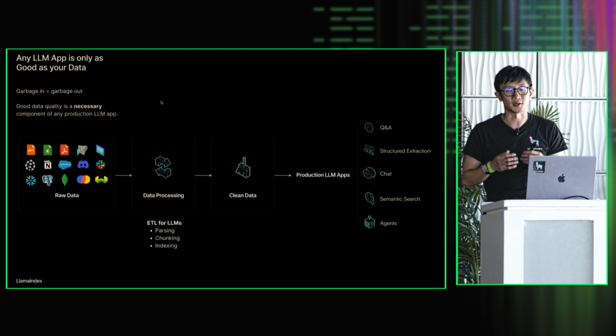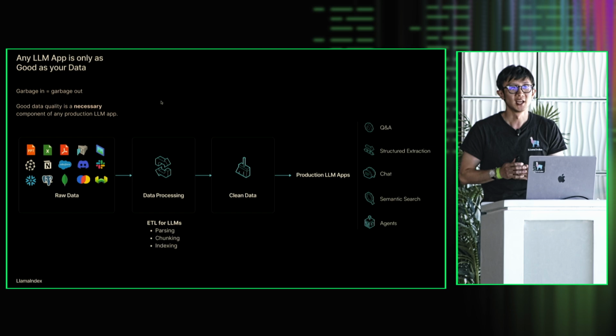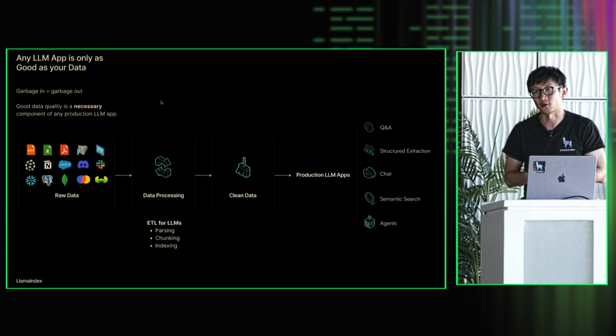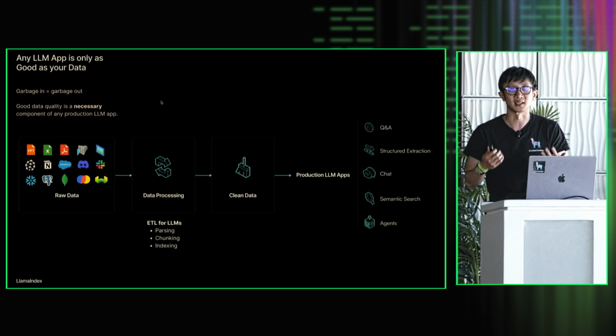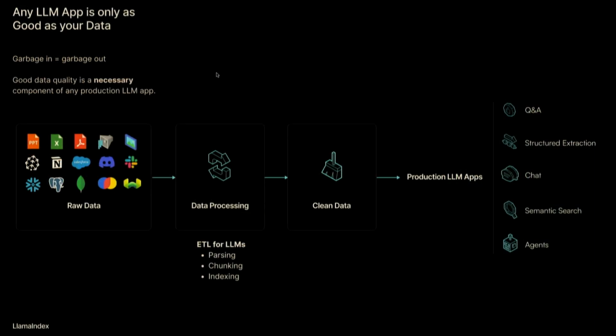Most of these files are produced for human consumption and not machine consumption. And so one of the promises of LLMs is that assuming you can actually read what's going on within these documents, you can just throw the text into the prompt and have it understand everything that exists within your unstructured data. The steps needed to make this happen, we call ETL for LLMs.